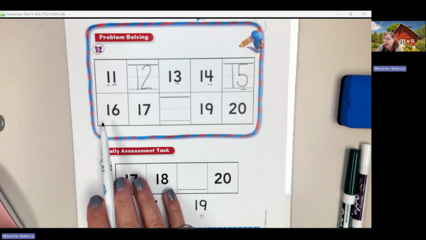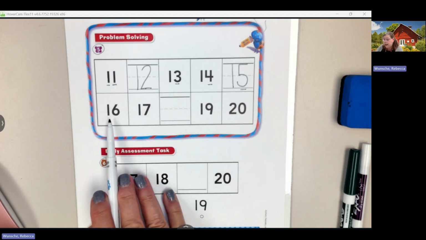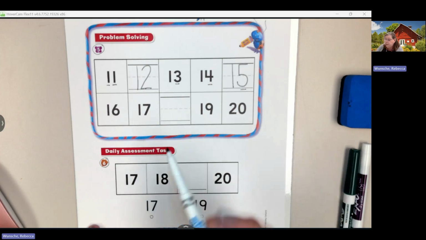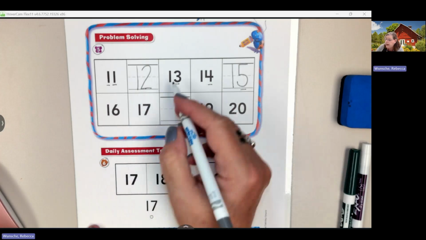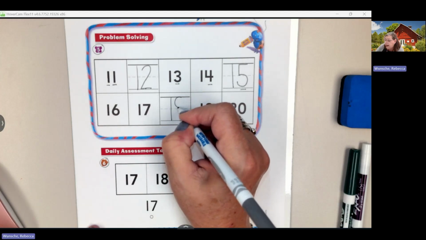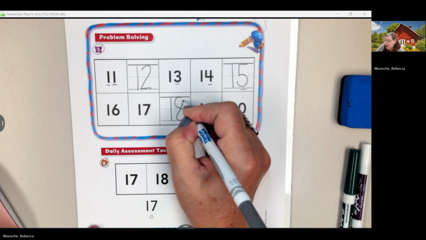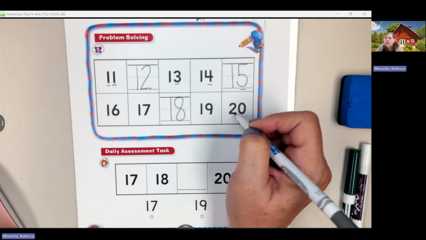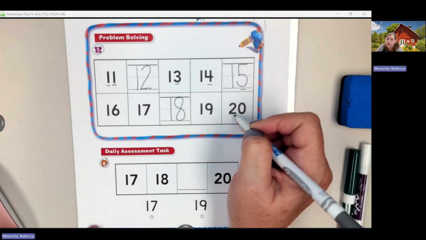Now we're going to skip down. We're still going on. 16, 17. What are we missing here? 16, 17, 18. 18 is our missing number here. Then 19 and 20. The teen numbers are hard to remember sometimes, so we really have to practice counting them.